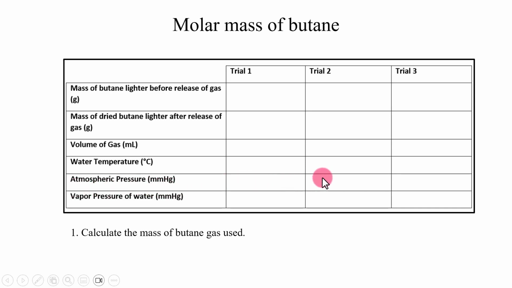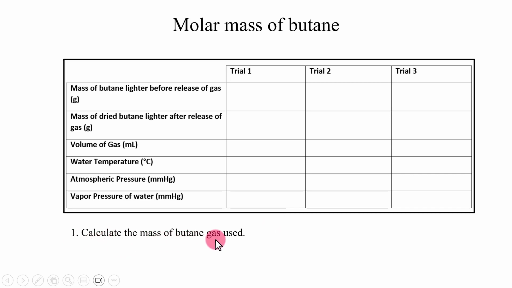That will also be given to you, and it's going to be the same for all 3 trials. So the volume and the atmospheric pressure will be the same for each trial. Then the vapor pressure of water will be slightly different depending on the water temperature up here. So you will have 3 different values for the vapor pressure of water, and I'll show you how to do that in the next slide.